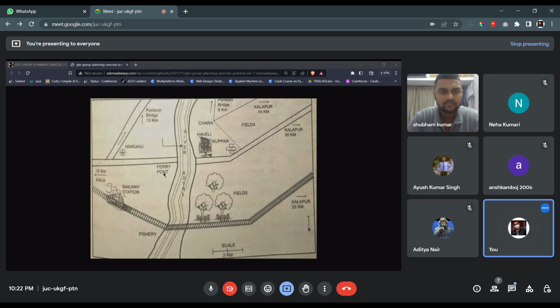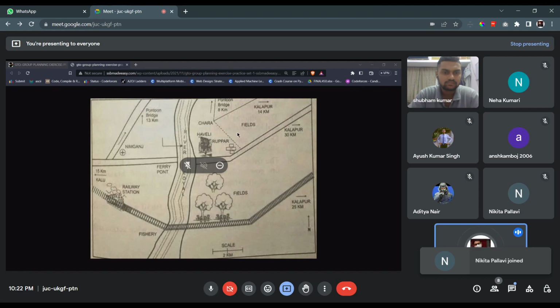Okay, so what I was saying is that three of us are at Neemganj. So we can send the person who is going to the railway station onward towards the fishery. Meanwhile, the rest of the three are at Chara.